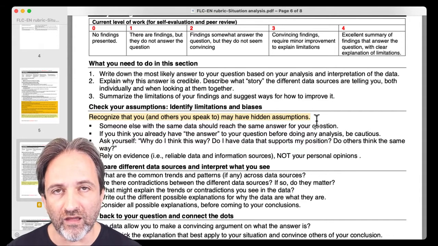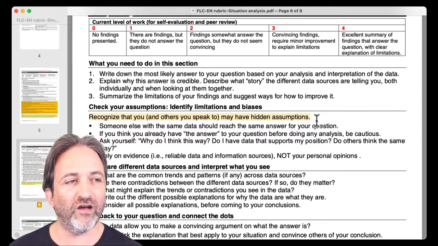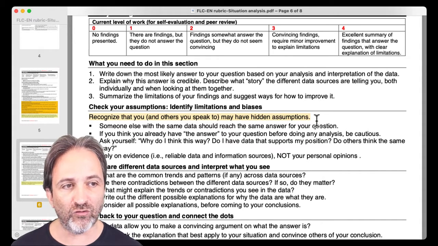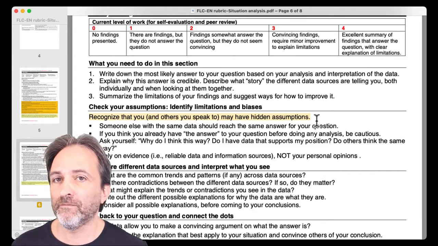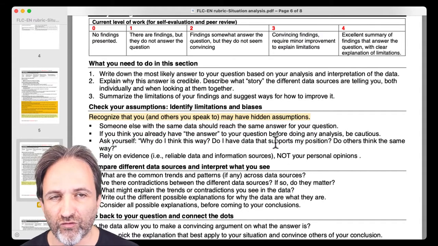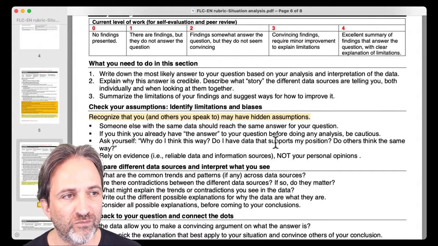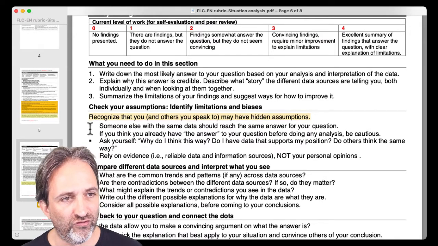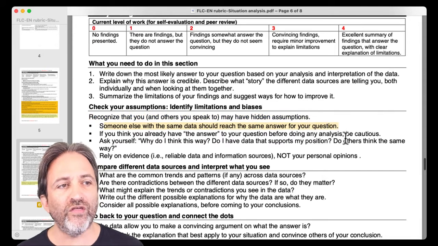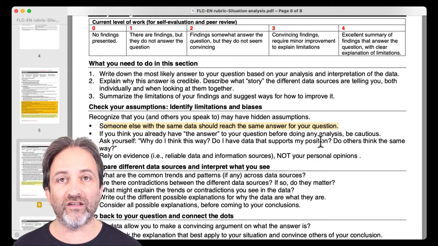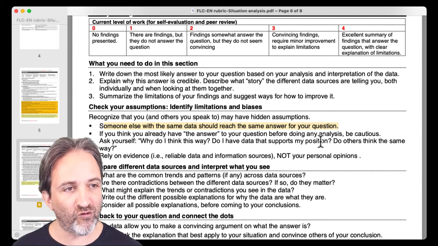It's only wrong if you do not acknowledge or recognize these limitations and how they may be affecting the findings, what you think you found, or lead you to change what you initially think as you think through what these limitations, biases, assumptions mean. There may be an issue there. So someone else with the same data should arrive at the same answer as you when trying to answer the same question.